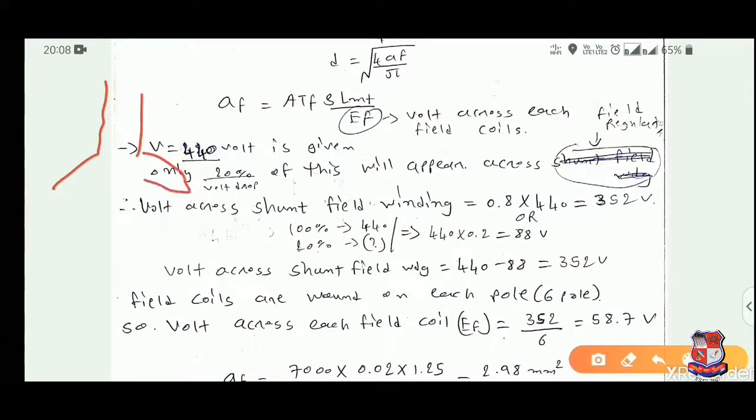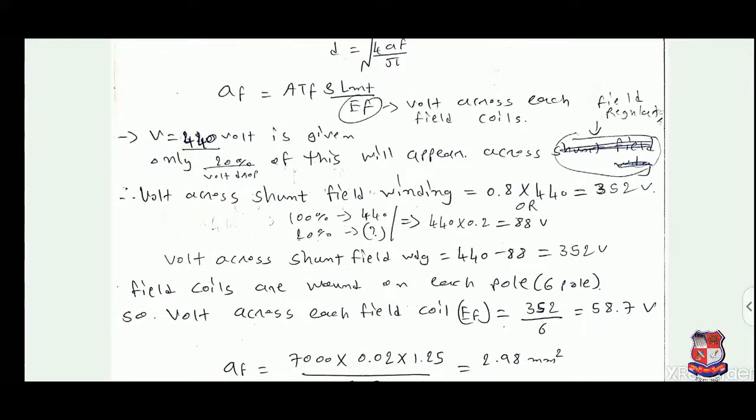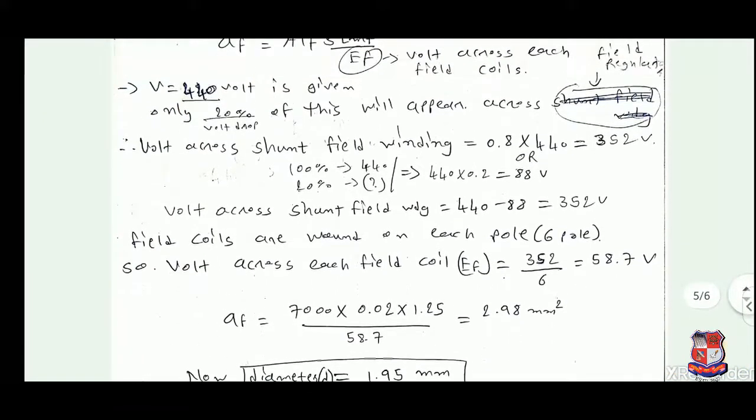This is one pole. Similarly, in total we have 6 poles, and coils are wound like this. Based on this, the coils are also divided across each pole. So the voltage across each field coil EF will be 352 divided by 6, because field coils are wound on each pole, and we have 6 poles. So total 6 poles and 6 windings.